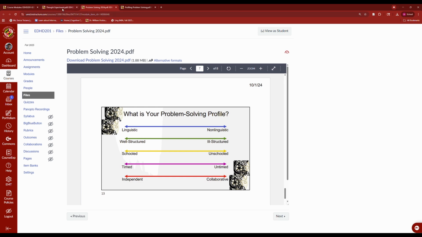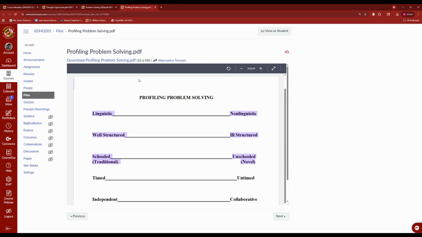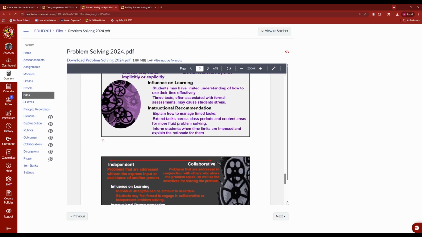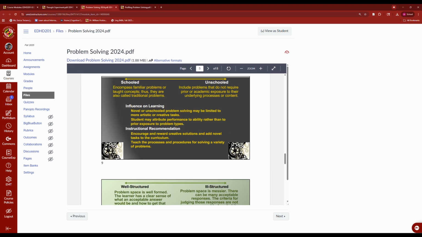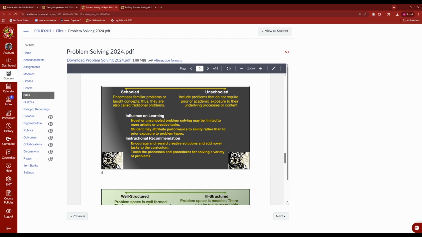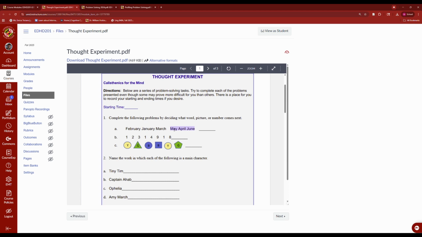And because it deals with months, I'm kind of unsure what to do. Is it schooled or unschooled? So I'm going to look back into the PowerPoint and look at the definition. It seems that something schooled means something that you'd probably learn in an educational setting. Now, I think this one's up for debate. You could probably learn this in school or outside of school. And so here, I'm not going to say either way.